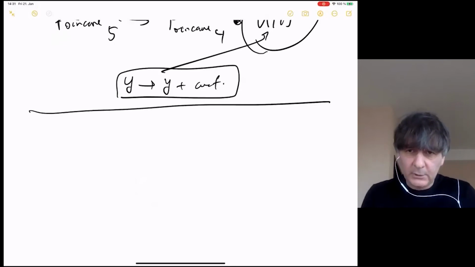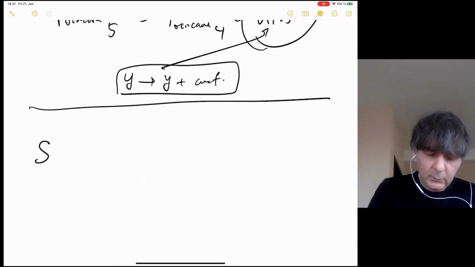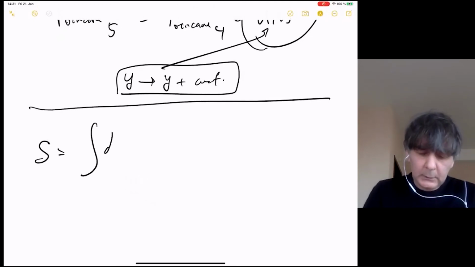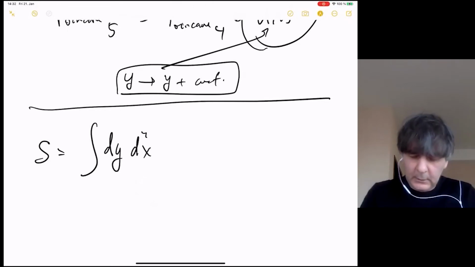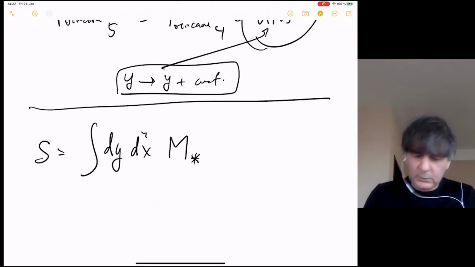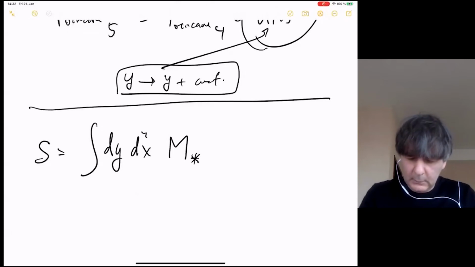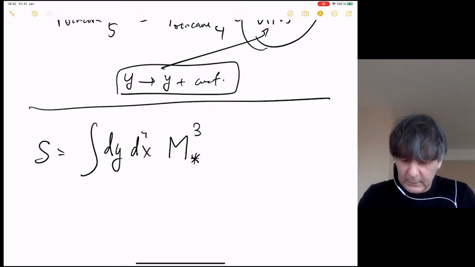If we start with the 5-dimensional action, it will have integral dy, then d4x, and then here we have a non-canonically normalized graviton.